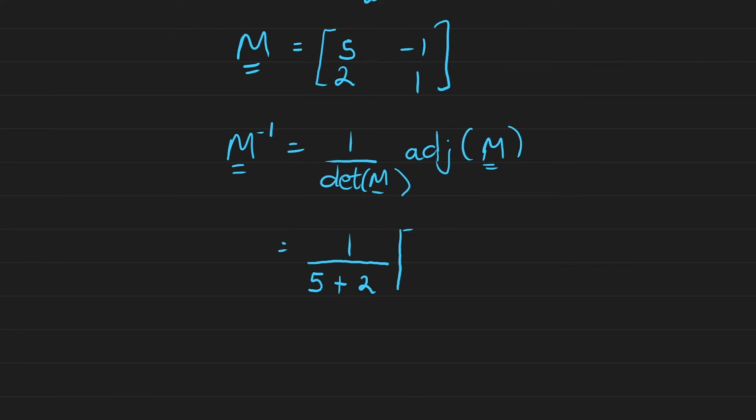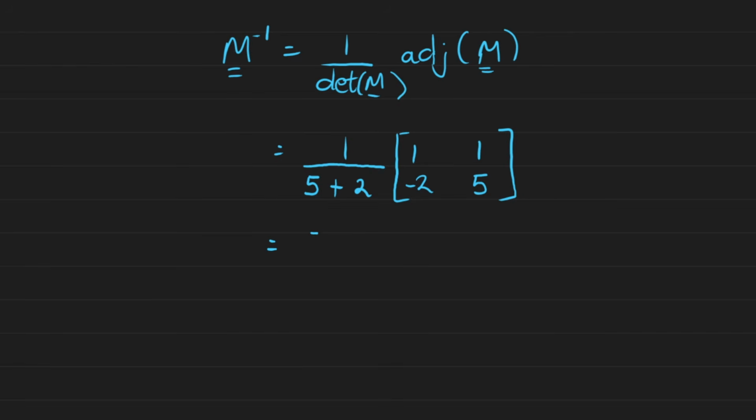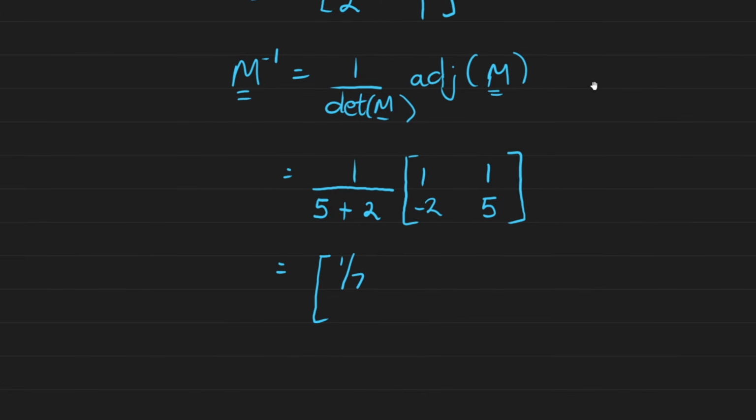For the adjoint of matrix M, we swap 5 and 1, so this becomes 1 and that's 5, and then we don't swap minus 1 and 2, but we do change the sign, so that becomes 1 and that becomes minus 2. If we multiply out, we have 1 over 7, 1 over 7, minus 2 over 7, and 5 over 7.